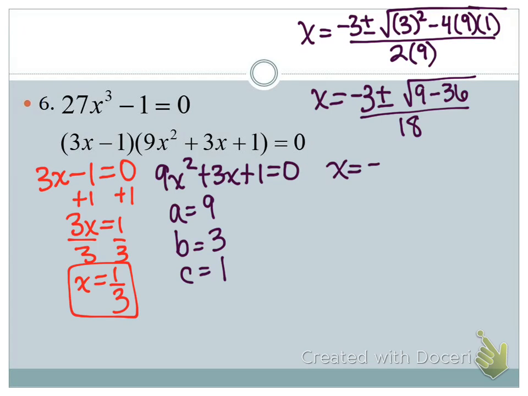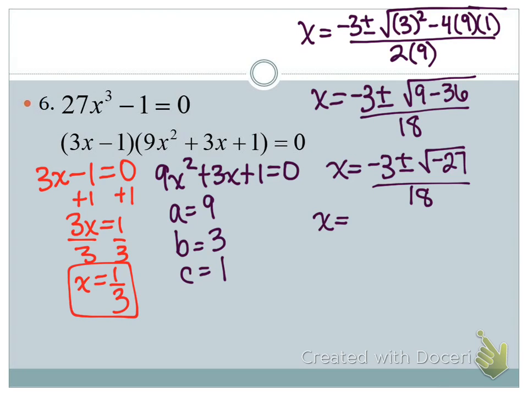We keep simplifying. Negative 3 plus or minus the square root of negative 27 divided by 18 still. We know that when we see a negative under the radical, when we simplify, we will have to have i somewhere in there.